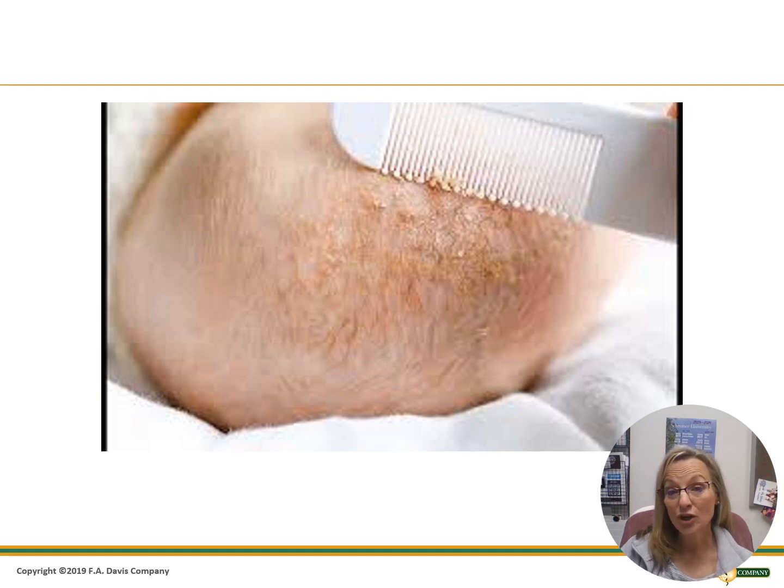A really good, though, complementary and alternative therapy that you can recommend is to put warm olive oil or baby oil on the head, wait 15 minutes, and then shampoo the hair and brush gently. My daughter, my firstborn, had cradle cap, and that's what the provider told us to do, and it worked very, very well.